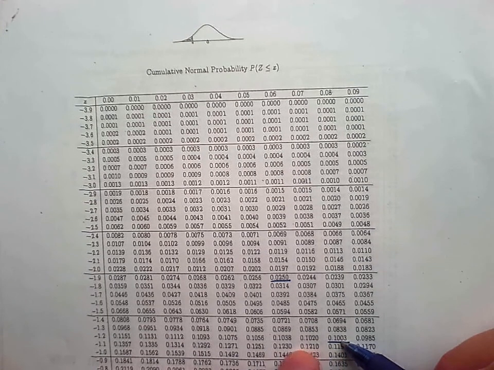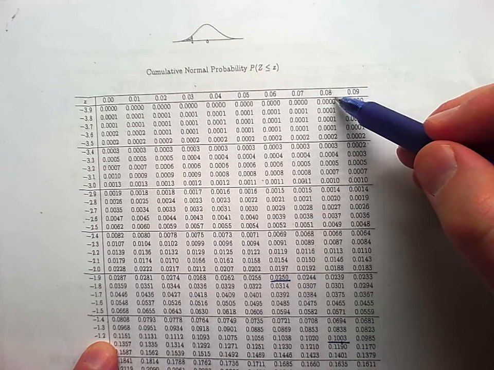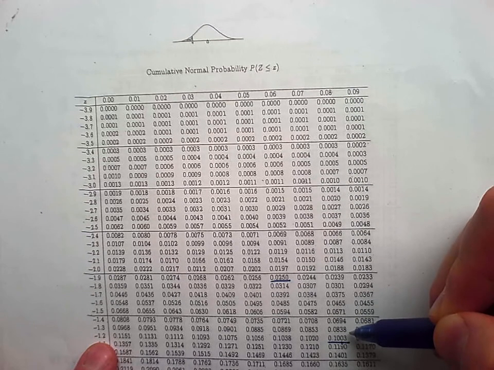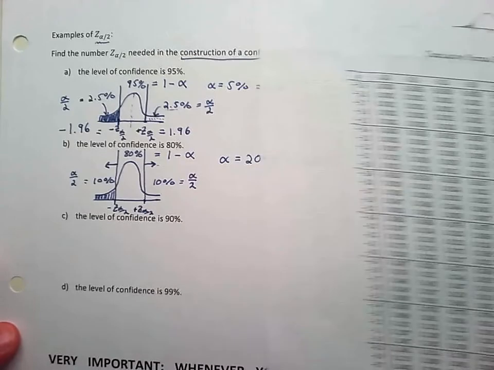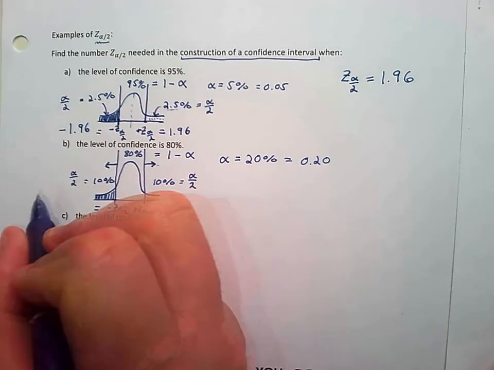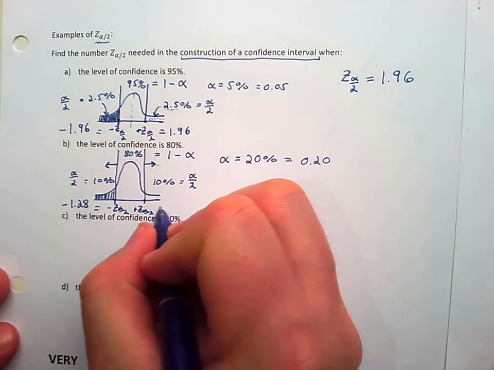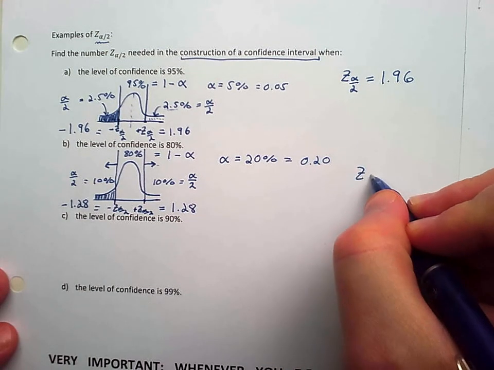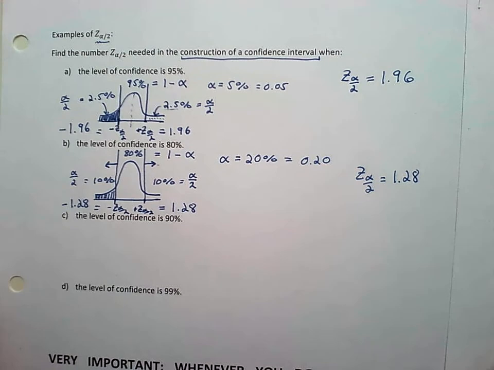If we follow it outwards, we get that it's a z value of negative 1.28. That's as close as we can get to 0.10 or 10%. So over here, we have that it's negative 1.28, and over here, we have that it's 1.28. So we're going to say that our z sub alpha divided by 2 is going to be 1.28.